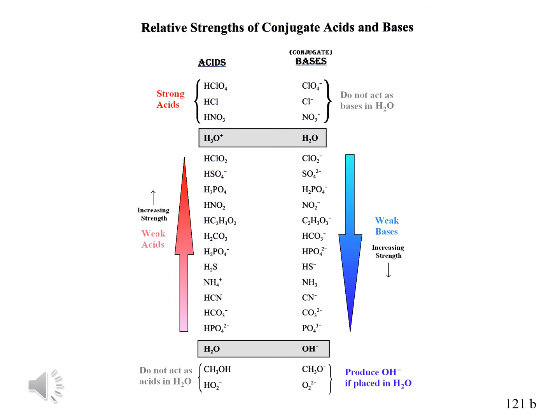I showed you a couple of bases there that are stronger than OH, but if you put those in water, all that's going to happen is they're going to pull an H off the water, and you're going to get OH. That's a leveling effect also. All the bases stronger than OH look equal because they're going to pull an H off of water, and all you're going to get is OH.